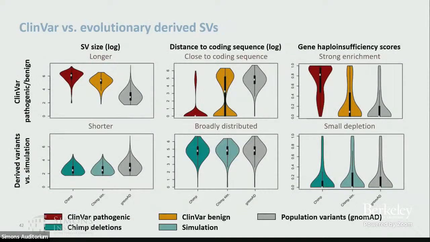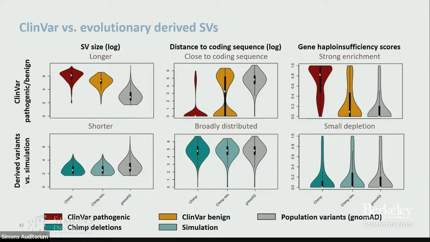Just to show you again that the ClinVar data set is really problematic: in gray, I'm showing you structural variants from gnomAD-SV, and then in red and orange, you see the ClinVar variants.